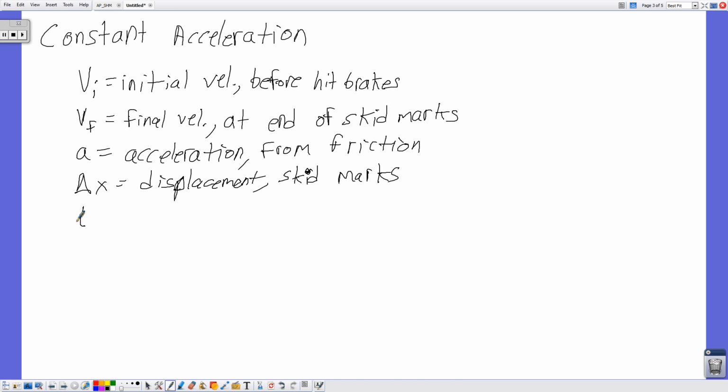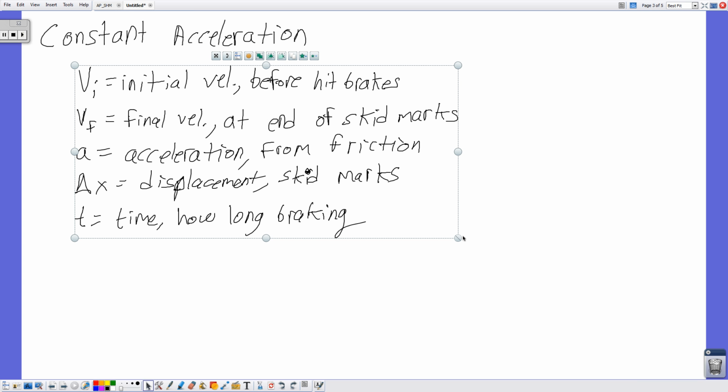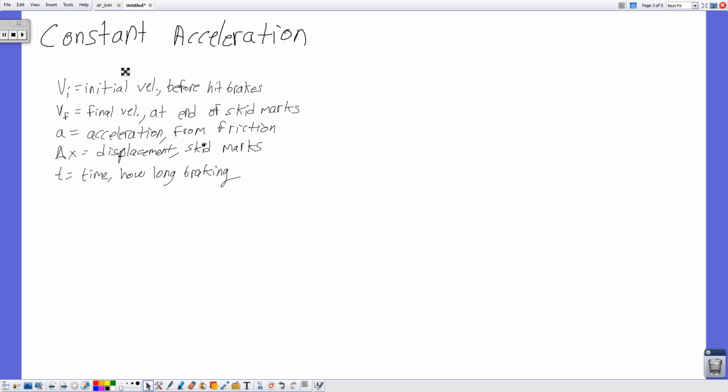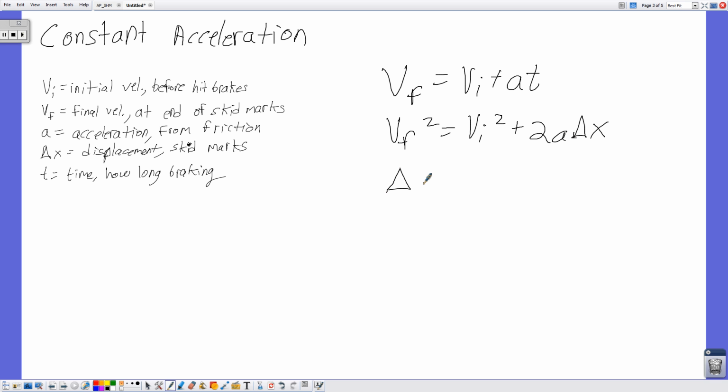Alright, and the last thing is time, which is how long you were braking. Alright, so now you take all of this stuff. These things will be given to you in your reports, so the stuff that I gave you. It is your job to take them and your constant acceleration equations and solve for other stuff.